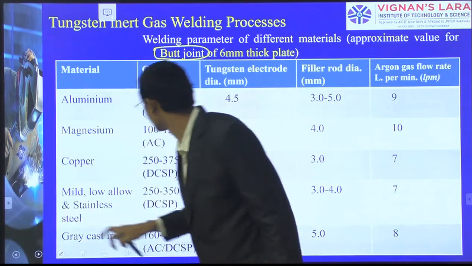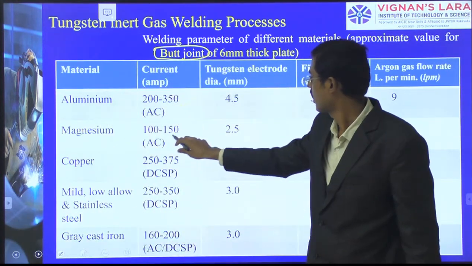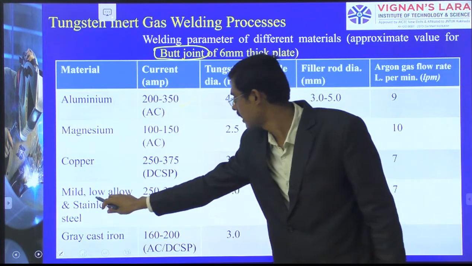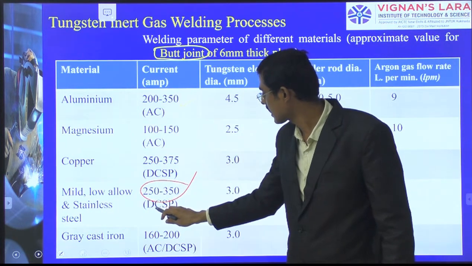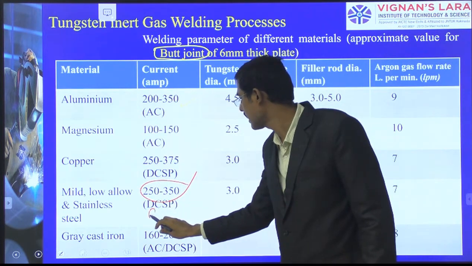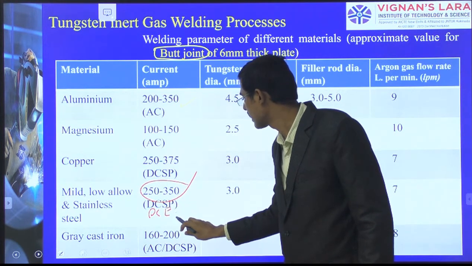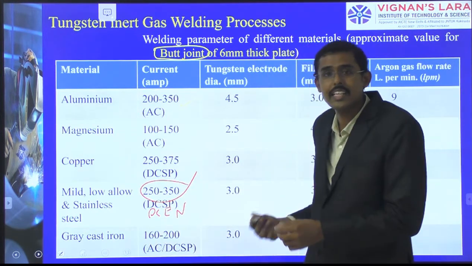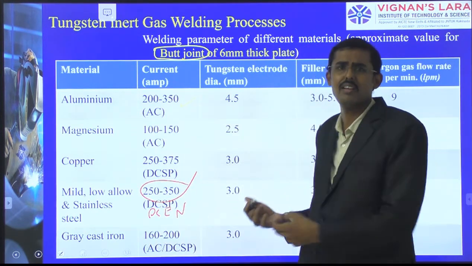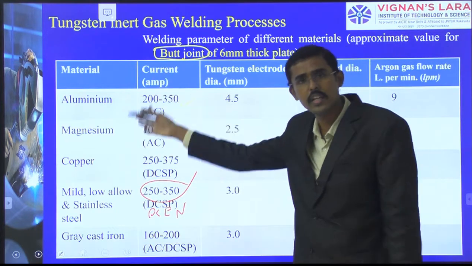Magnesium 100 to 150, copper 250 to 350, mild steel and stainless steel 250 to 350. This is direct current straight polarity, which is nothing but direct current electrode negative. Gray cast iron 160 to 200. By experiment and research, they have fixed values for various materials.